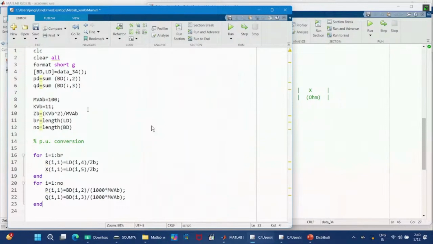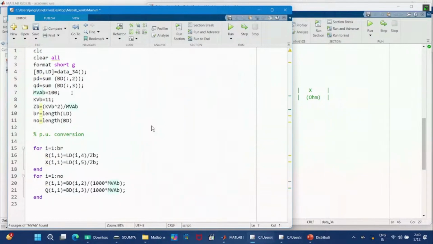Is it okay up to this much? Any query? Up to this much, all data are given, line number 8. Then we have done the necessary conversion to calculate the per unit conversion till now. Now we will go for the formulation of the BIBC matrix.